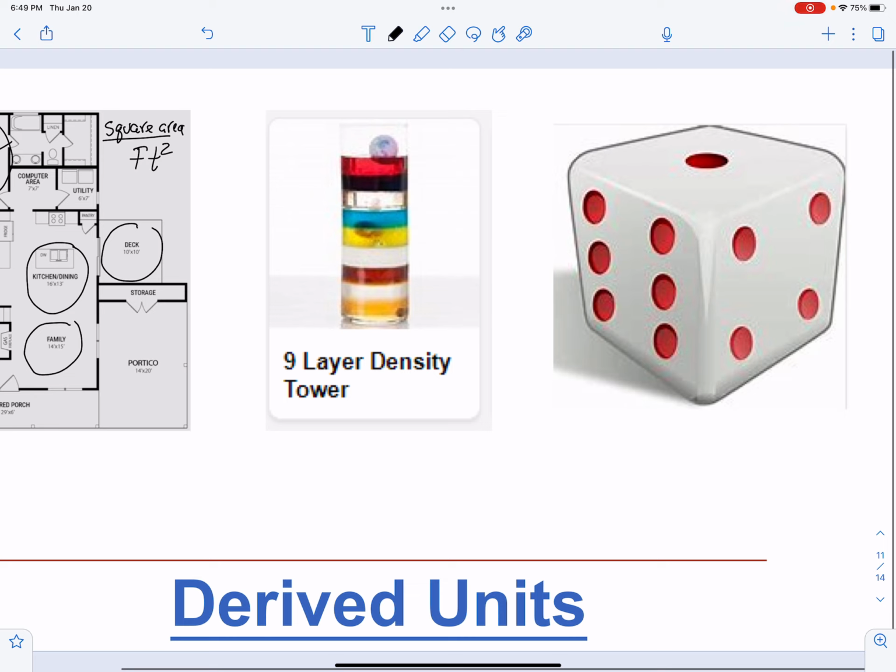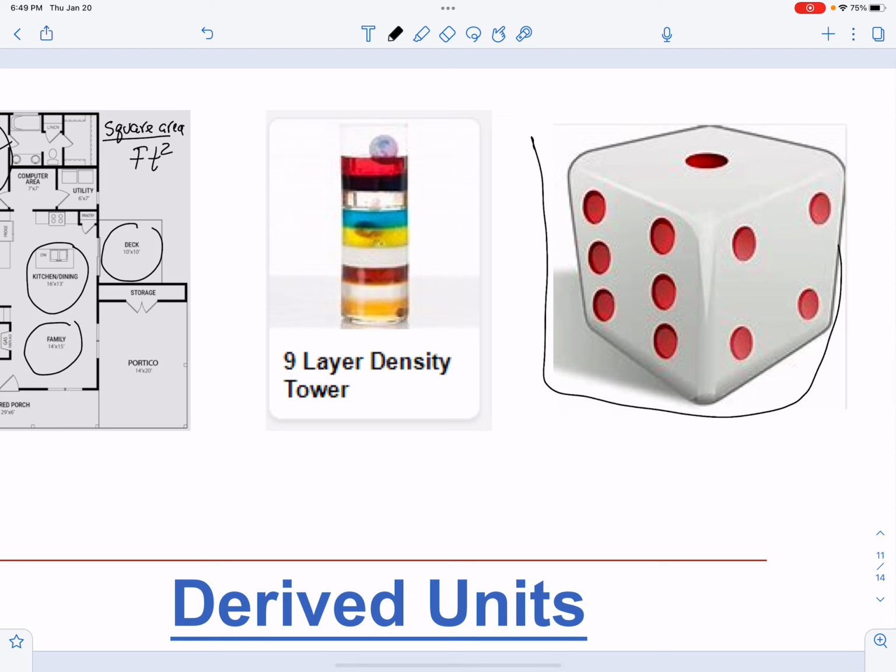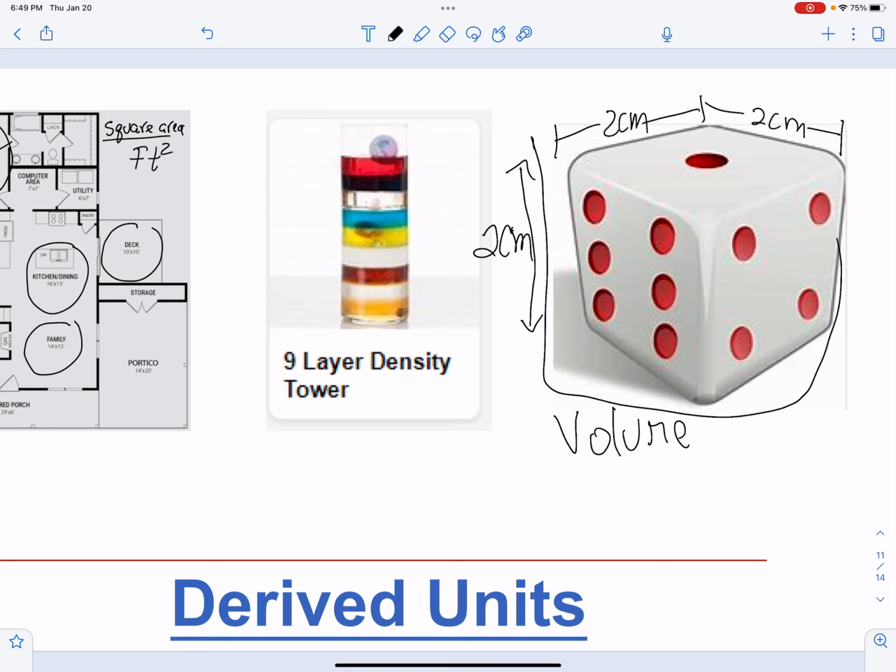What about the dice? Well, on the dice, we can measure the volume as a derived unit, because we can say, let's say that this measures 2 centimeters, and from here to here it measures 2 more centimeters, and from here to here it measures 2 more centimeters. So the volume is going to be length times width times height.